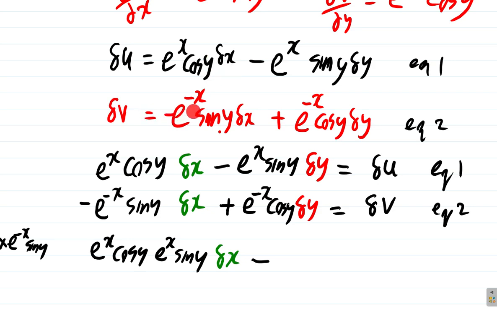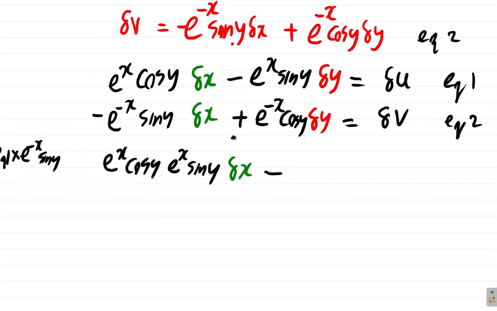Equation 2, change in v is negative e to the negative x sine y, well, I said delta x, this is del x. Del x plus e to the negative x cos y del y. Remembering that we have two types of delta, one we call delta, the other one we call del.